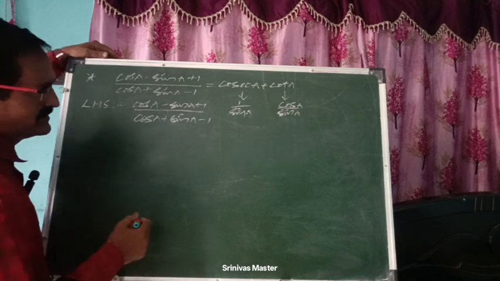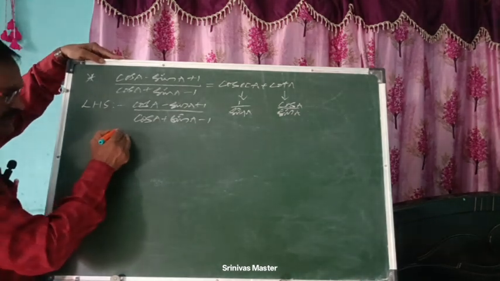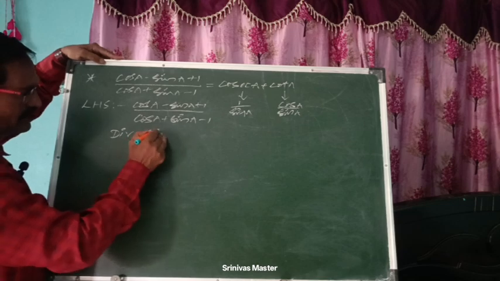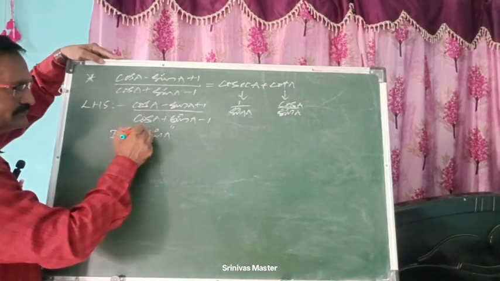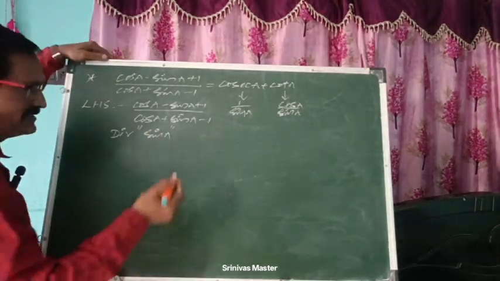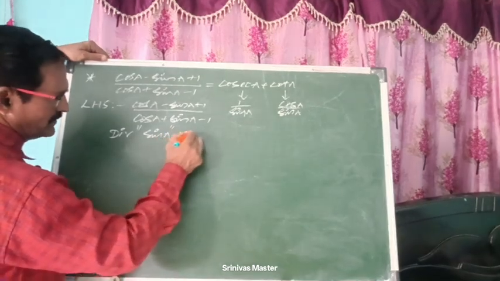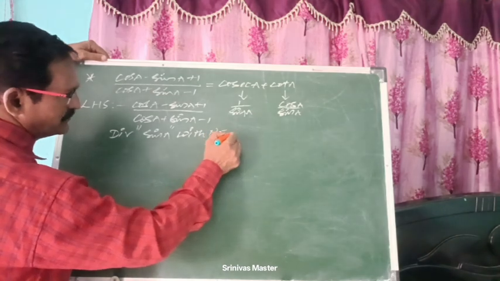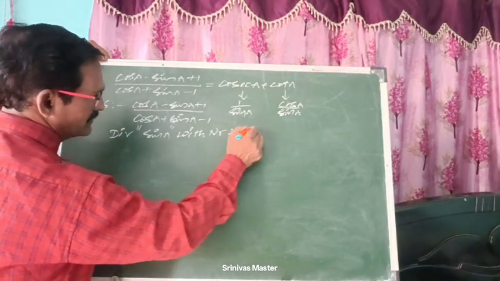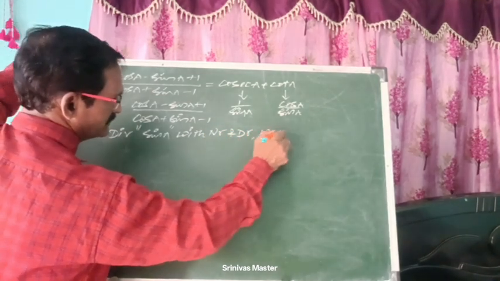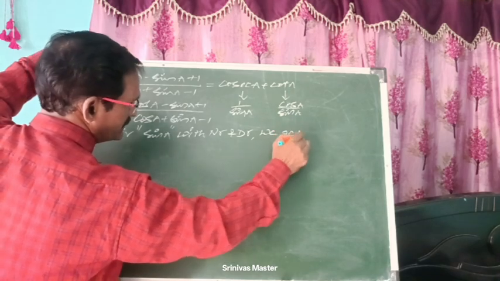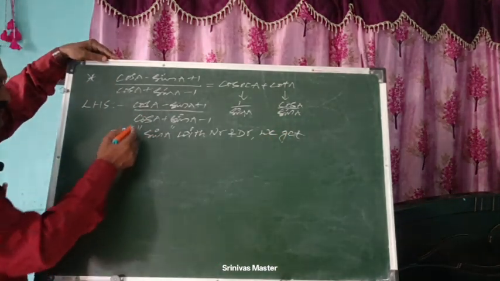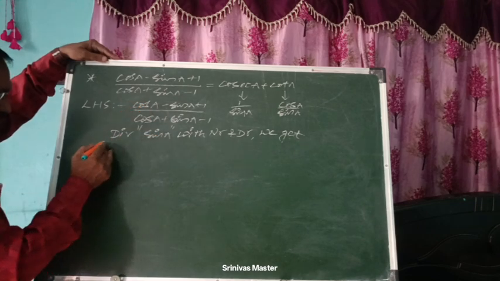So what will happen? Dividing sin a with the numerator as well as the denominator, every term should be divided by sin a.